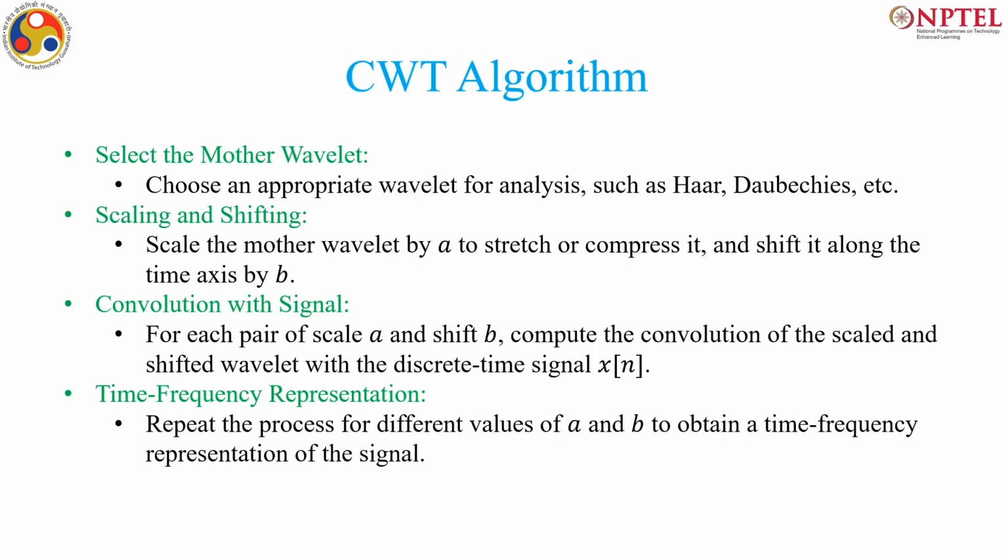So, what is this CWT algorithm? The first step is to select your mother wavelet. Now, you can define your own custom wavelet also, but that is a challenging thing. Better you use a standard wavelet which is available.